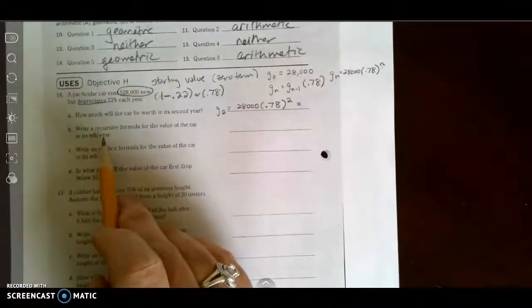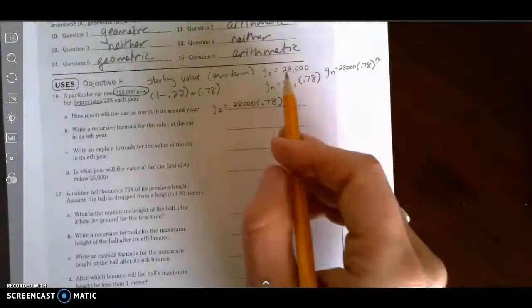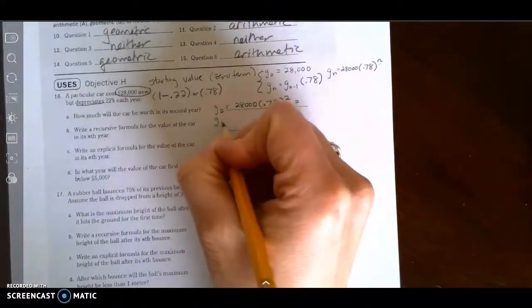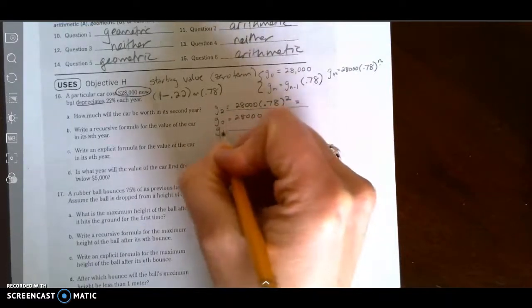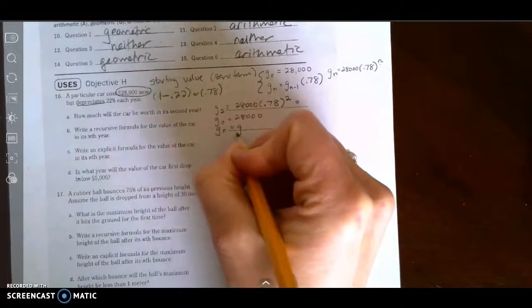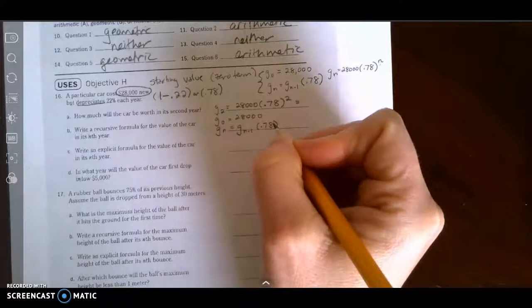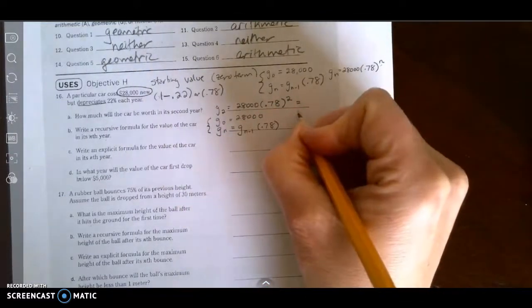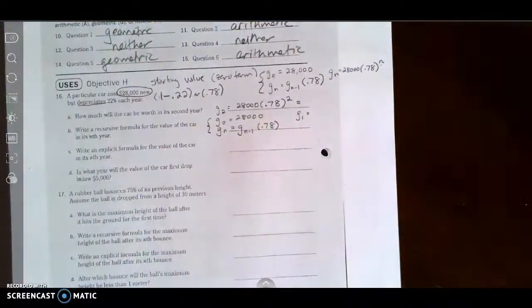Write a recursive formula for the value of the car in its nth year. I've already kind of written a recursive formula up here. G sub 0 is 28,000. G sub n is the previous term times 0.78. If I felt like for the recursive formula I should start with the first term, then I'd need to find the first term.